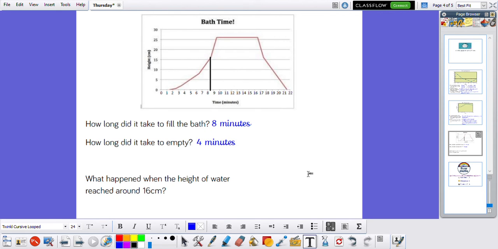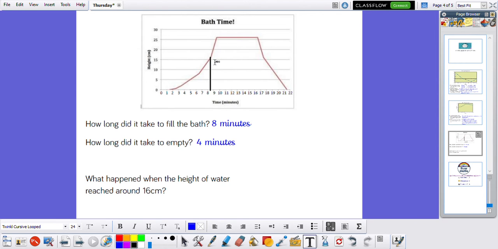Okay, so you might be thinking, Miss Williams, but the lines continue to incline and decrease. But think about when you have a bath, when you get in, what happens to the water? The water level gets higher because you've moved the water around, okay? So this question says, what happened to the height of the water when it reached around 16 minutes?